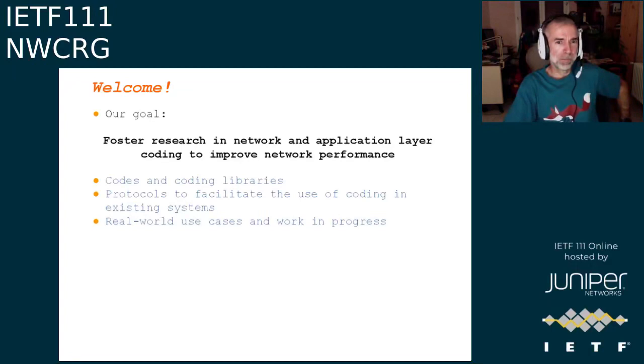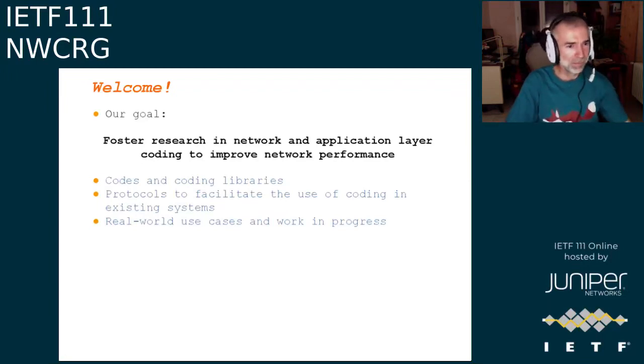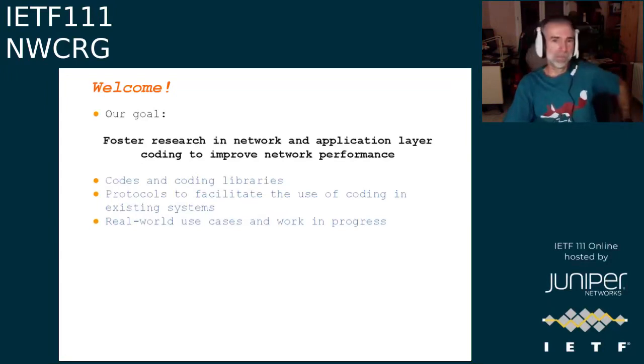We looked at some, maybe less at protocols, but I would say congestion control and other aspects of the networking that's needed to facilitate the use of coding. And there was a lot of discussion about use cases and work in progress and how to make this work both on the software implementations and on the application side.